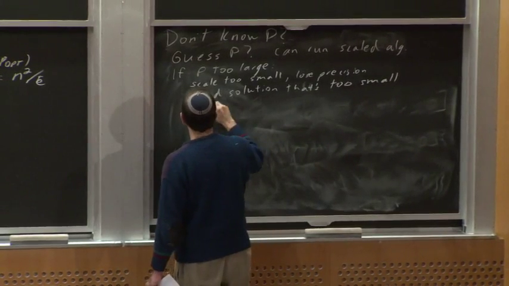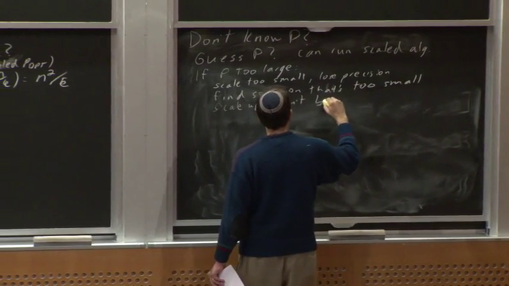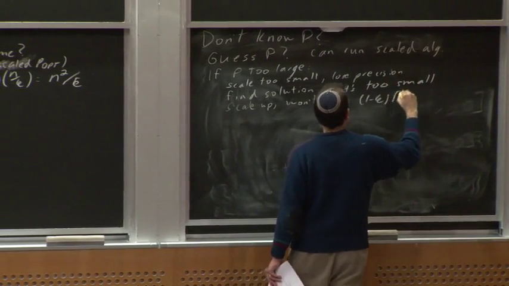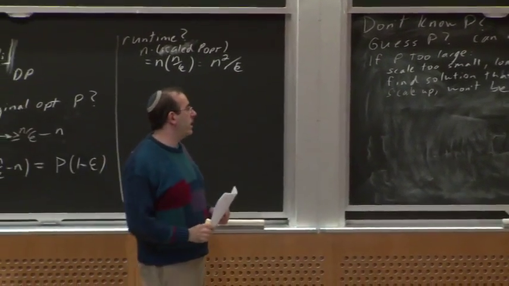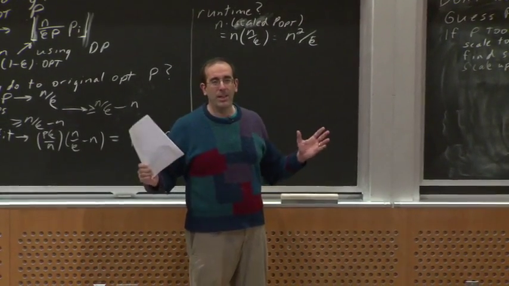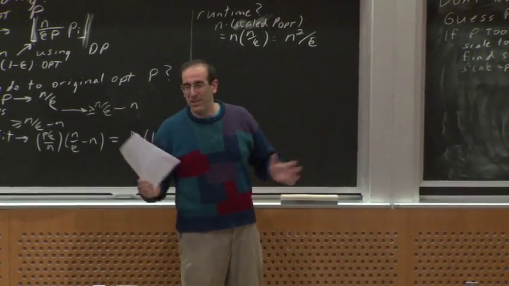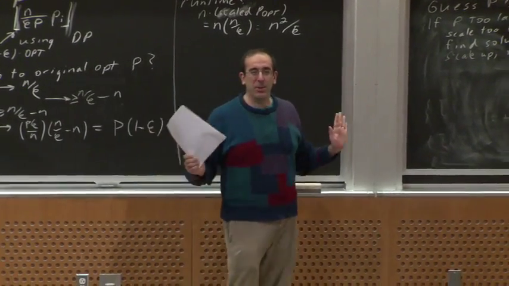I'll scale it up, and it won't work. Actually, this is sort of overanalyzing the algorithm. If I guess a p that's too large, I'm not going to find a solution of value 1 minus epsilon p. I can't, because there isn't one. So it doesn't actually matter what the algorithm does. I will fail if I guess p too large.